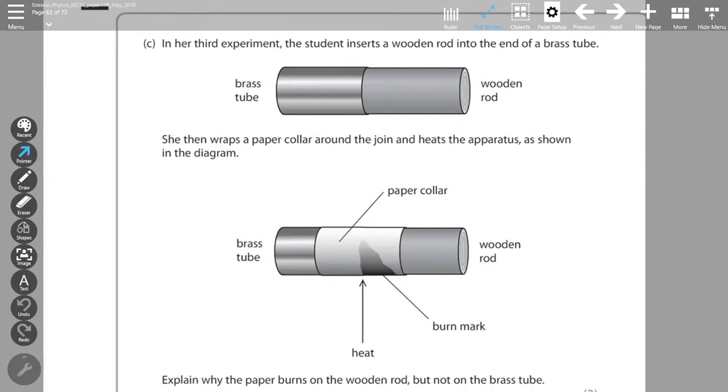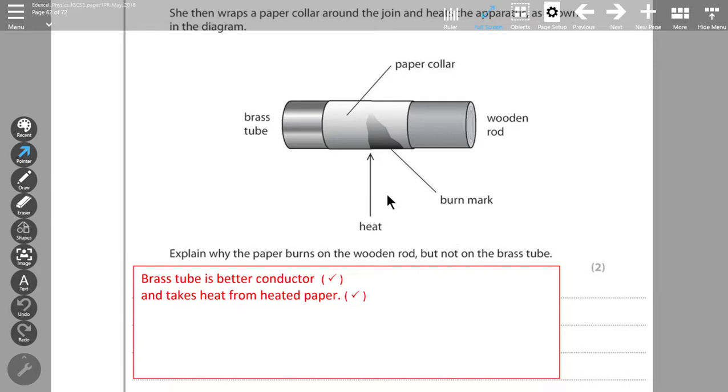In her third experiment, the student inserts a wooden rod into the end of a brass tube. She then wraps a paper collar around the joint and heats the apparatus as shown in the diagram. The paper burns on the wooden part. Why?